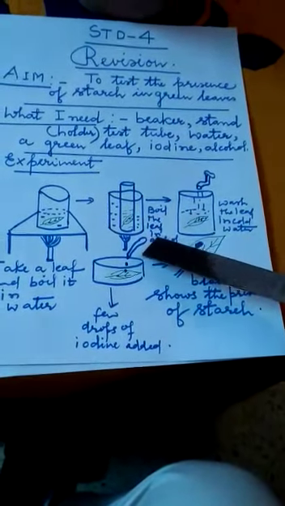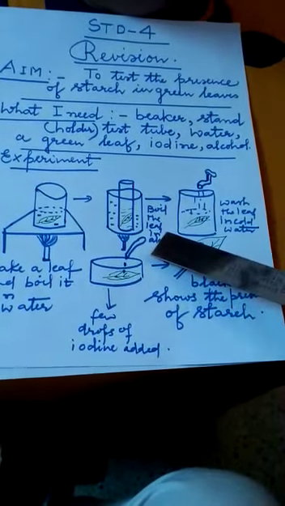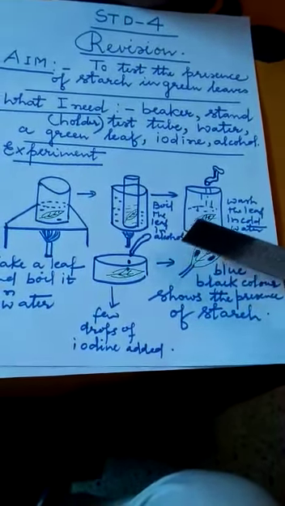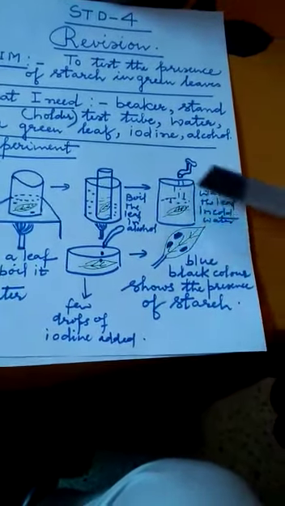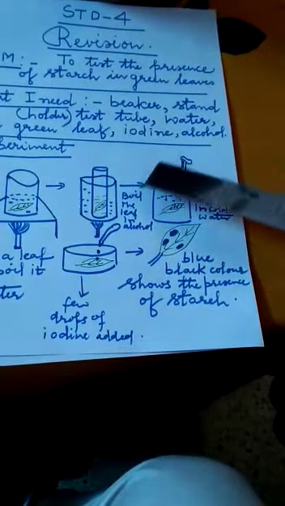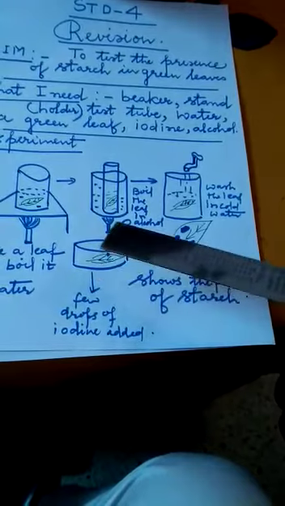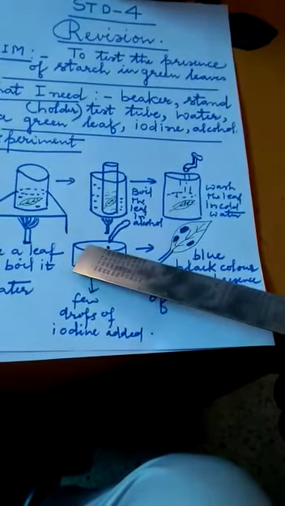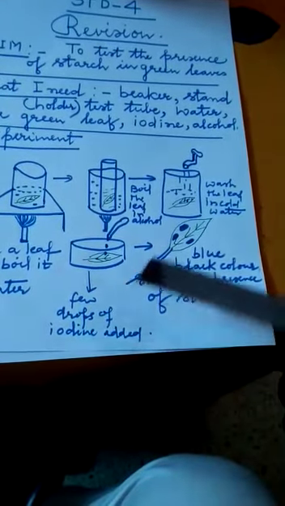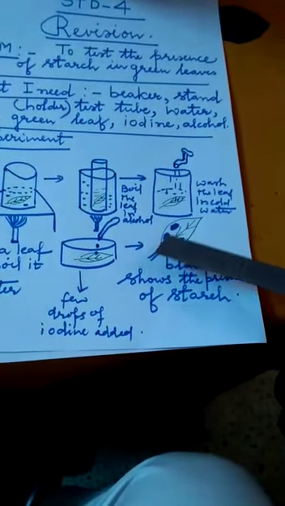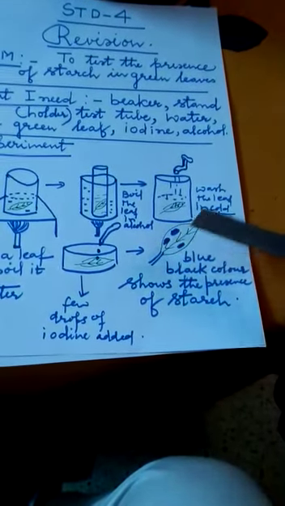We have to boil it in alcohol, and after that, to remove the alcohol, the leaf is washed in cold water. After washing it in cold water, we keep this leaf in a petri dish, and after adding a few drops of iodine, we can see blue-black patches on the leaf.